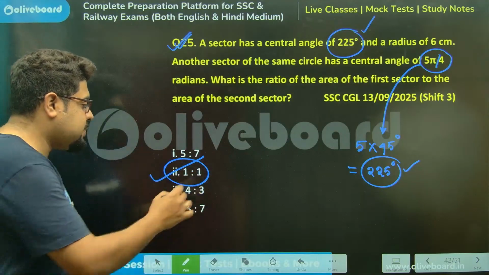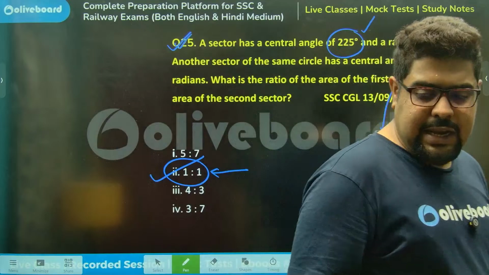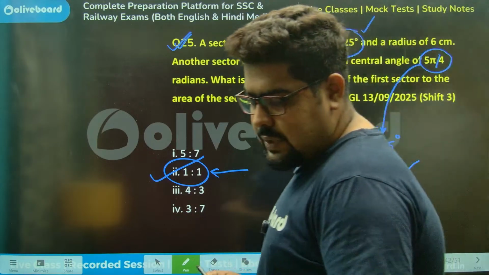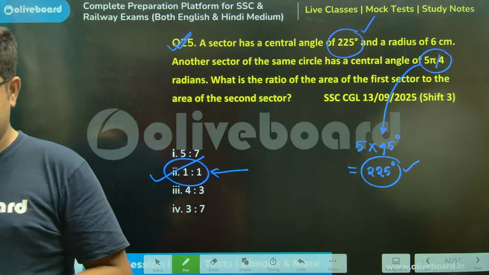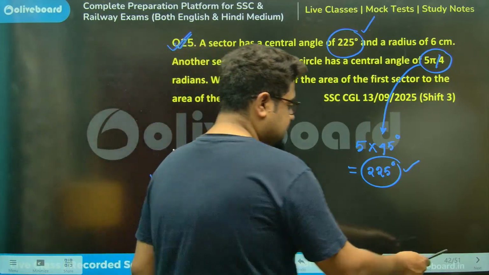So ratio must be 1:1, sir. We don't need pen paper. Clear, everyone? A very simple question. Moving on.